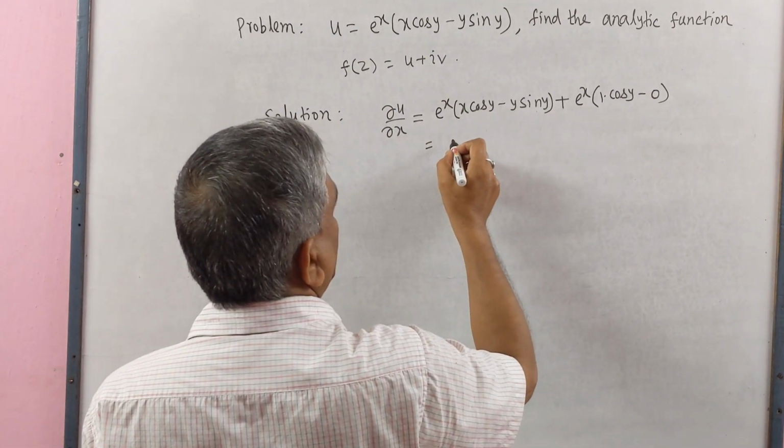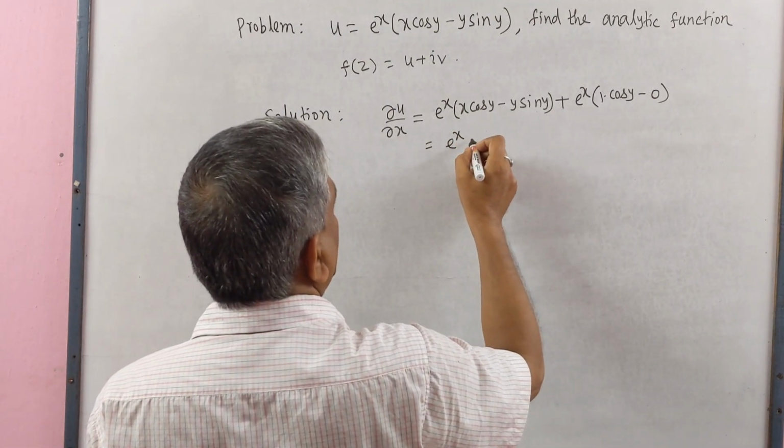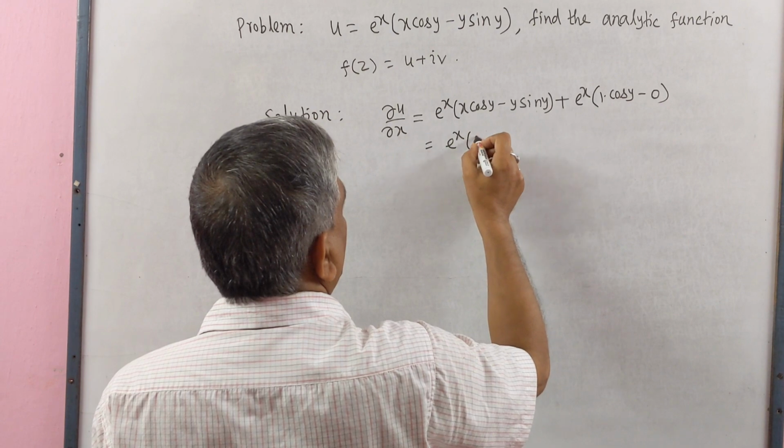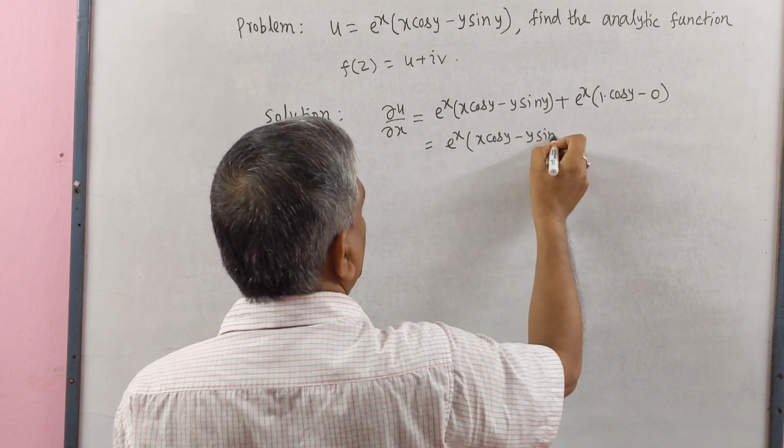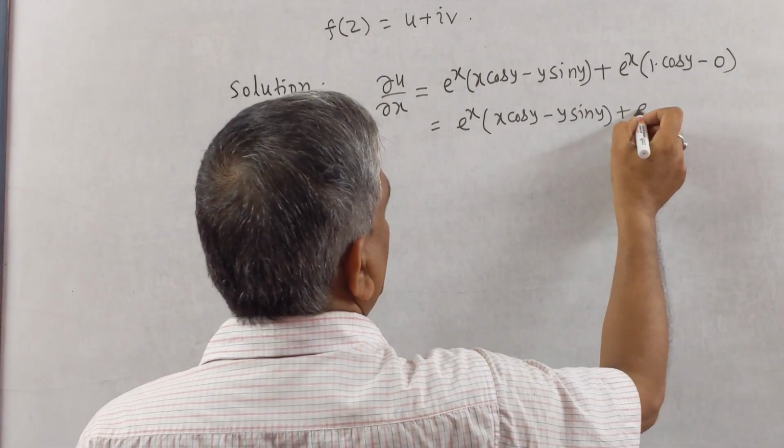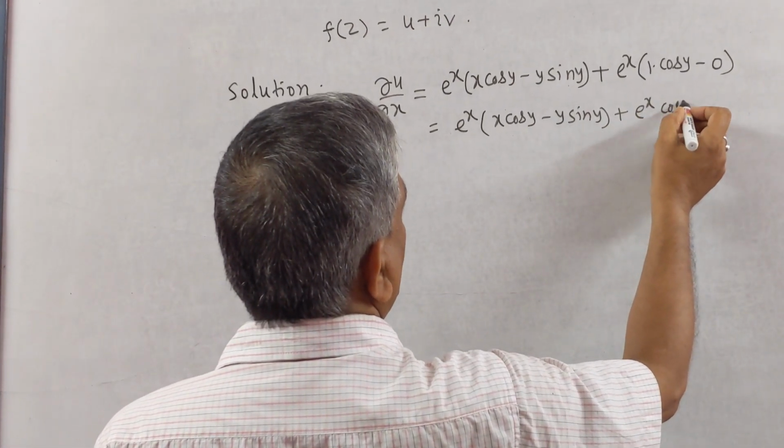This equals e^x (x cos y minus y sin y) plus e^x cos y.